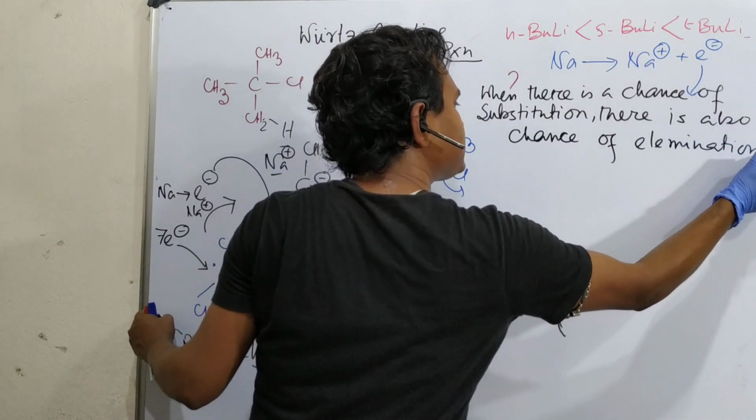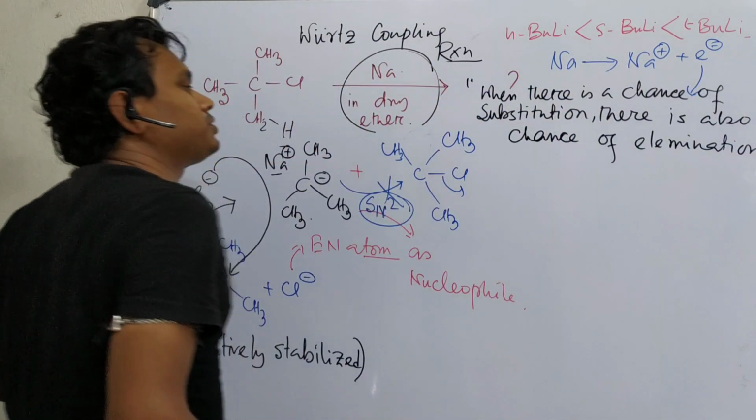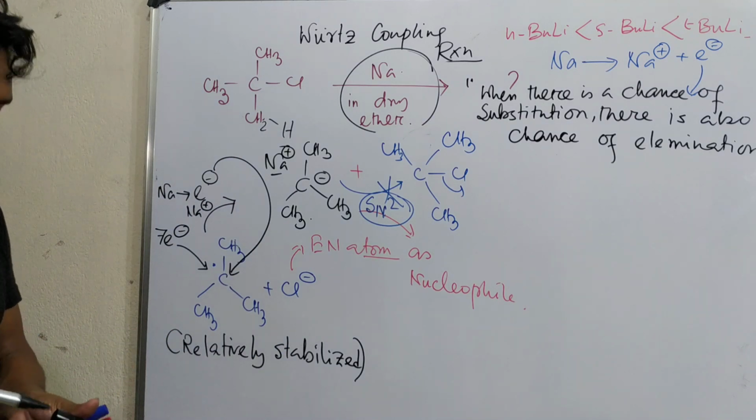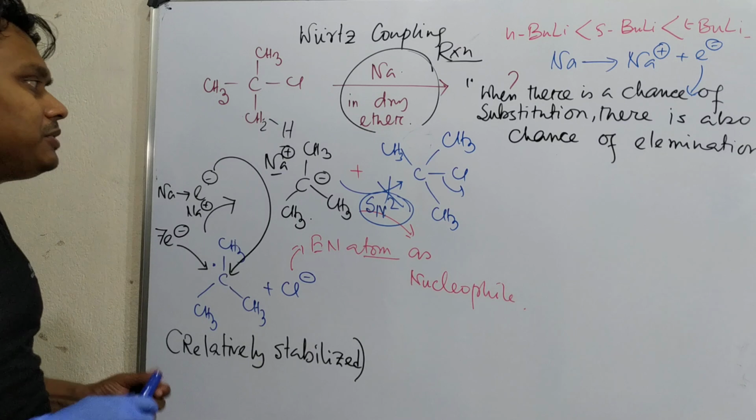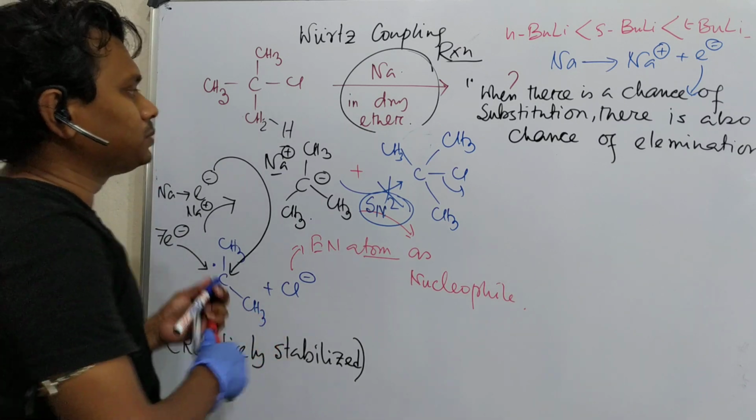This statement, please keep it in mind. When there is a chance of substitution, there is also a chance of elimination. So, in this case, substitution is not possible. So, elimination is possible. And how is that possible?